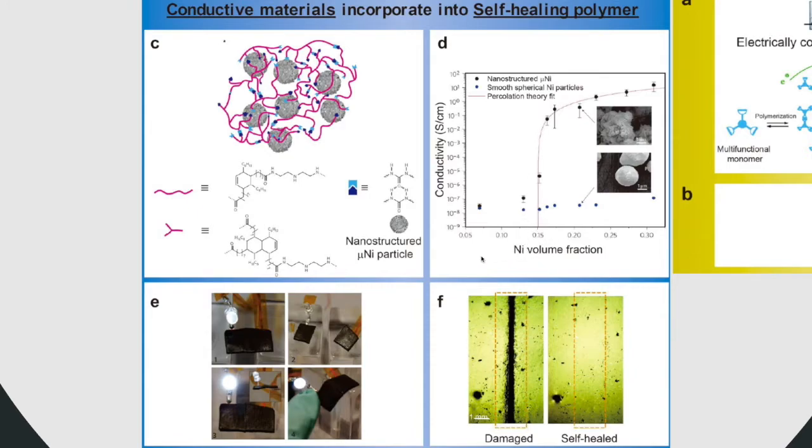It depends on the nickel volume fraction, and this is the experiment. They cut the material, connect the pieces to each other, and check the conductivity, and it lights the LED light here. If you see the microstructure, this is the damaged structure, and it's self-healed. So aside from checking the mechanical design and whether it has self-healed or not, you also need to check whether the function, the conductivity, is still okay.